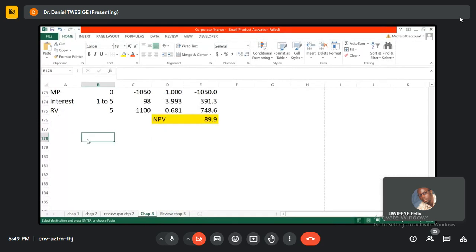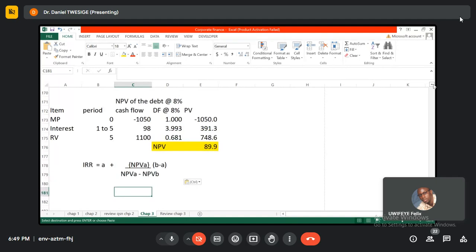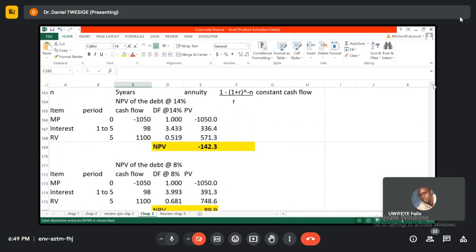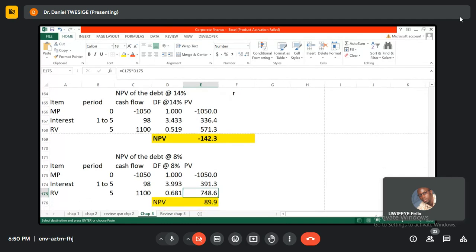So our lower rate is 8%, our higher rate is 14%. Sometimes you need to be very careful with the negative, so I just use this one as cost of capital and this one as estimated. But let's use the one you are familiar with, which is higher rate and lower rate.